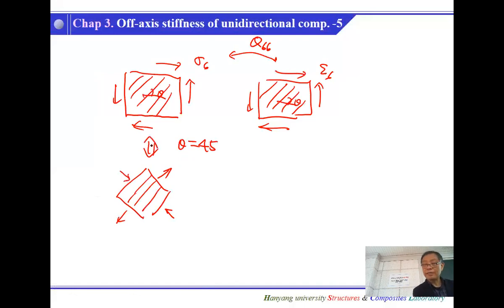This is exactly the same. Why? If you remember the Mohr circle, this is the shear term corresponding to here, and 45 degrees, or twice 45, is what? 90 degrees. So here and there.